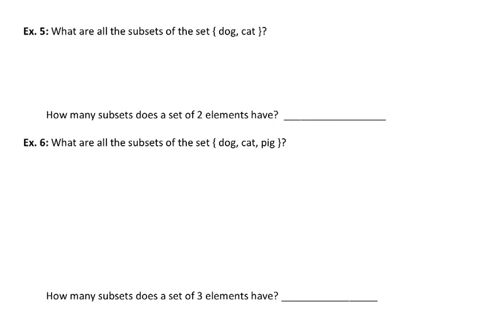What are all the subsets? Well, one subset would be the set containing dog. That would be one subset. Another subset would be the set {cat}. Those are definitely subsets. But the set is a subset of itself.